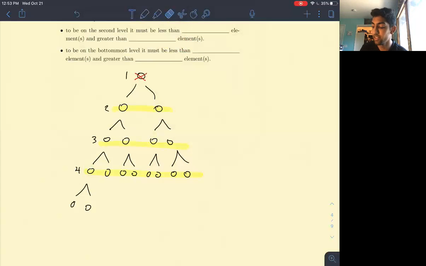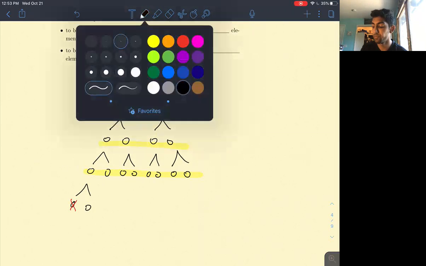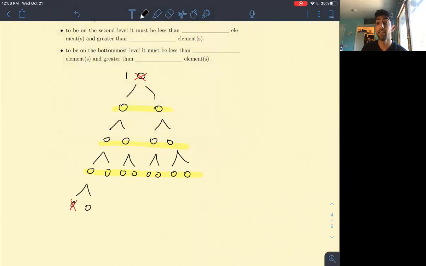And once we get to the fifth level, this is the first level that we can safely eliminate on the bottom half of the heap. When we get to the fifth level, we know we can eliminate this spot and every spot on the fifth level. The reason is any number on the fifth level must be greater than all of its parents.